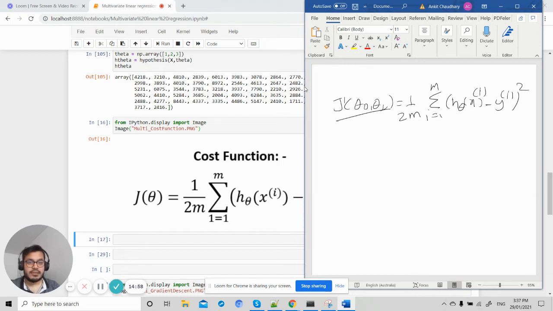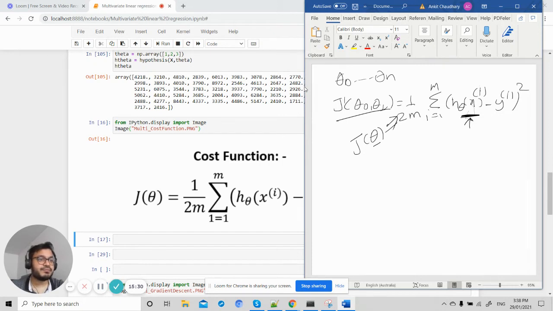Now this has been replaced with our J of theta, where theta can range from theta naught to theta n. We have already written the function to generate h theta. Now we need to subtract our output, then square, then take the sum, and then divide by 2m.